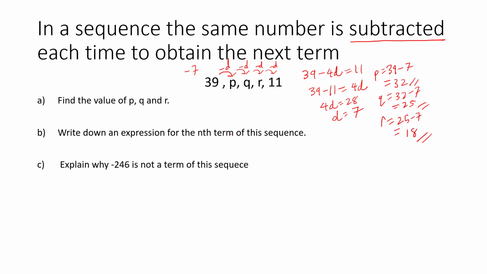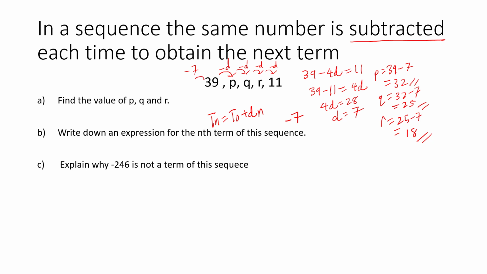Part B is just finding the nth term of the series. So Tn is equal to term 0 plus dn. The d we have already found, but in this case it's not 7. It is actually -7 because we can see that it is negative down here.